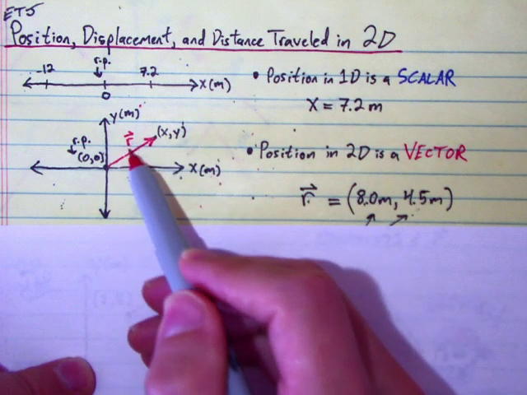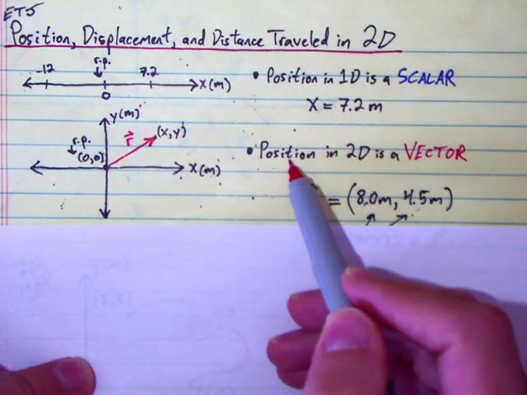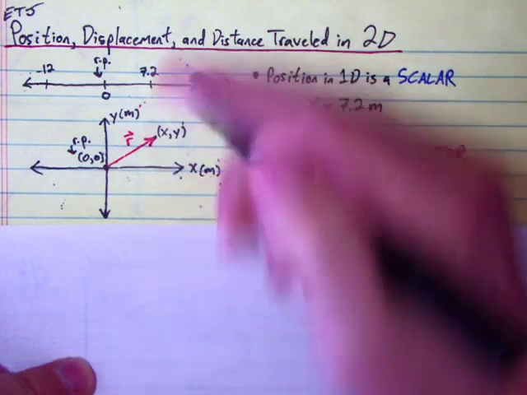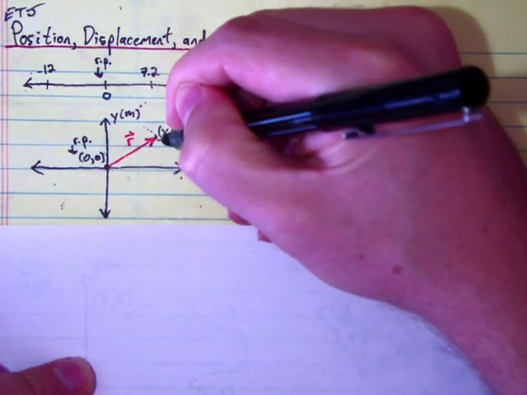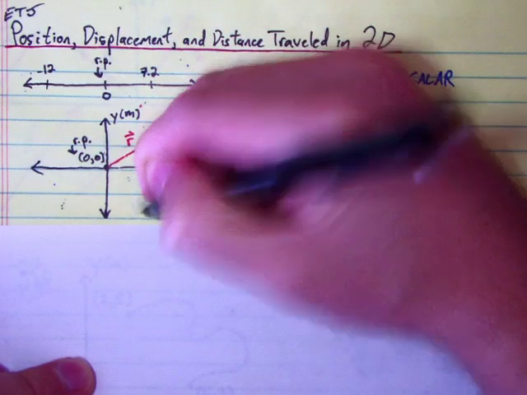And we use the letter R to specify a position in 2D because we can imagine that we have a circle centered at the origin and we are located on that circle.